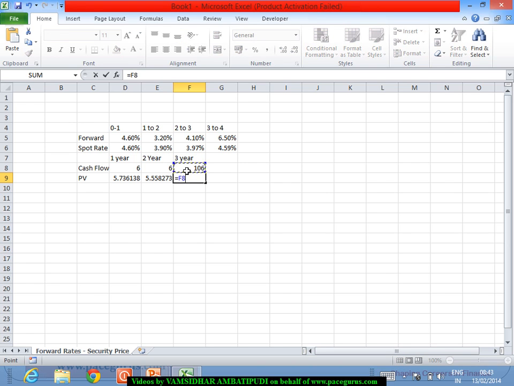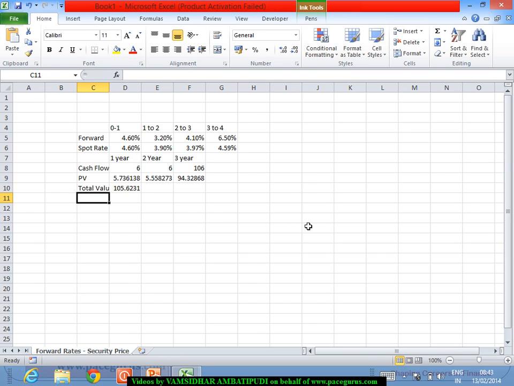Then this cash flow I will discount by (1 plus the 3-year spot rate) cubed. So these are the present values of all these scenarios. So the total present value is the price of the bond. The price of the bond is nothing but the summation of these three elements. So the price of the bond in this case comes to 105.62.